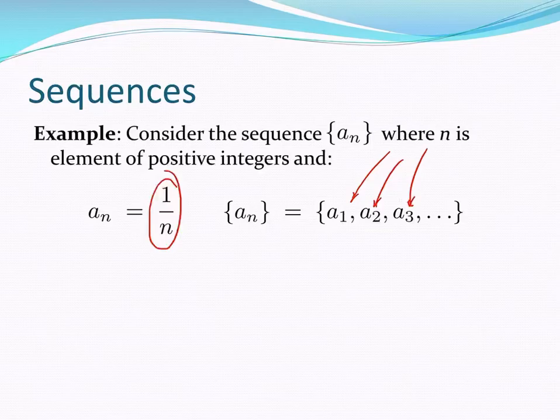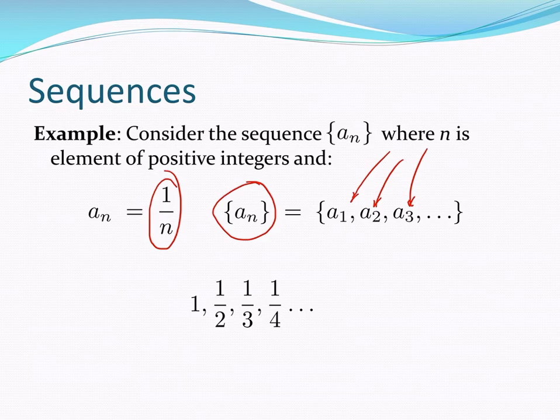And so then the sequence can be represented by just curly brackets with the a sub n, as long as the set from which n comes is understood. And here's the beginning of that sequence. 1 over 1, 1 over 2, 1 over 3, 1 over 4, and so forth.